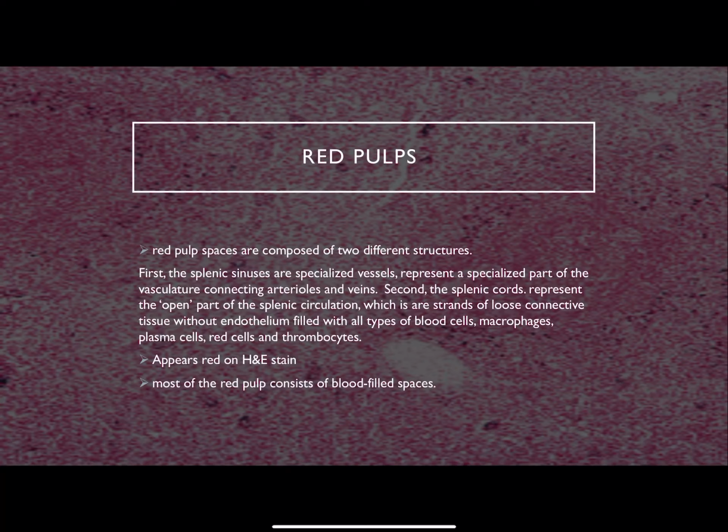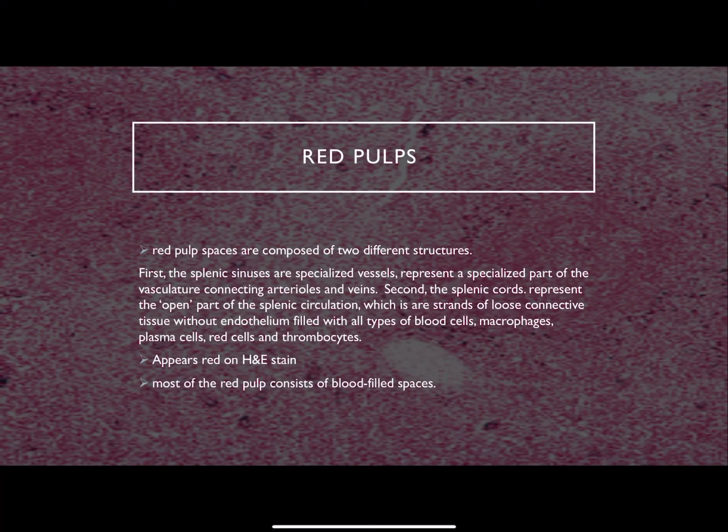Second, the splenic cords are the open part of the splenic circulation, which is a strand of loose connective tissue without endothelium. This is filled with all types of blood cells such as macrophages, plasma cells, red cells, and thrombocytes.